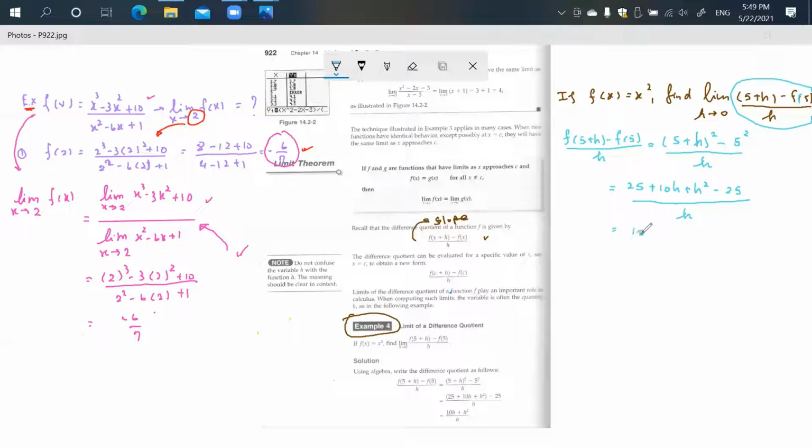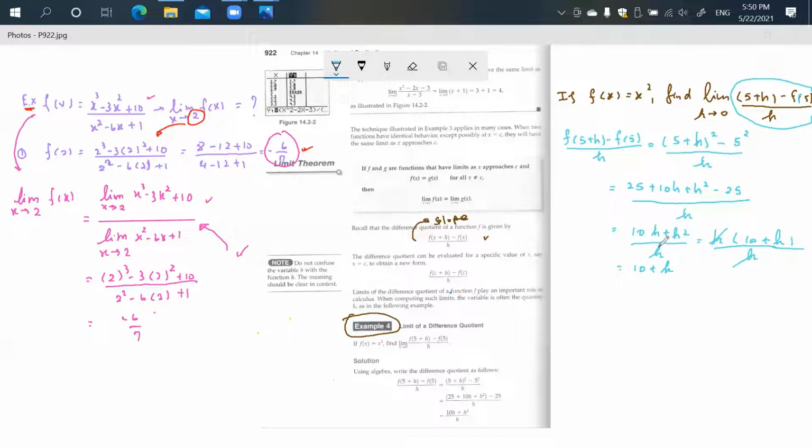So we are left with 10h plus h squared over h. Now you can take the common factor h, so it becomes h times 10 plus h over h. And then this cancels, so we are left with 10 plus h.